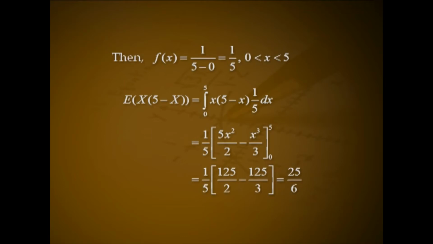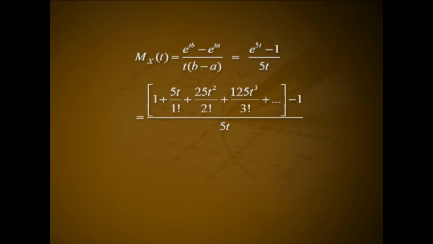Then f(x) equal to 1 by (5 minus 0), that is equal to 1 by 5 for 0 less than x less than 5. Expectation of x into (5 minus x) equal to the integral over 0 to 5 of x into (5 minus x) into 1 by 5 dx, that is 1 by 5 into [5x square by 2 minus x cube by 3] over the interval 0 to 5, that is 1 by 5 into [125 by 2 minus 125 by 3], that is 25 divided by 6.